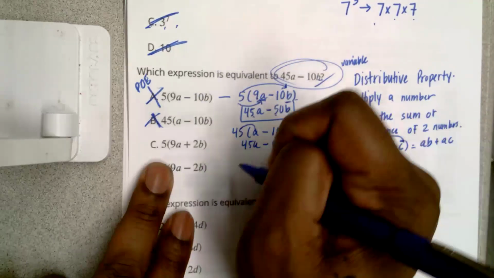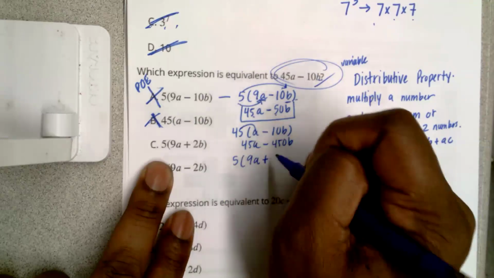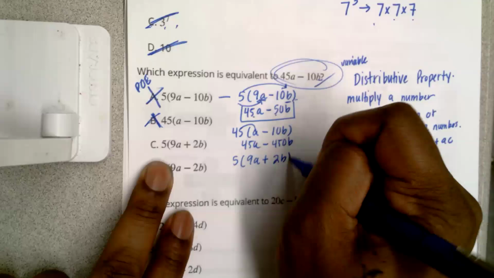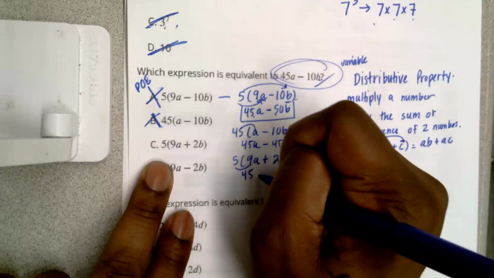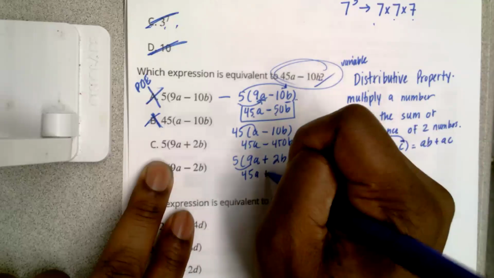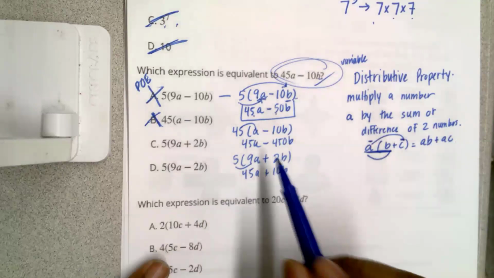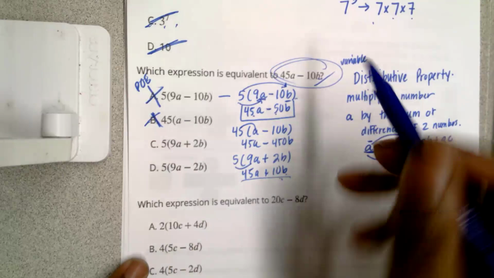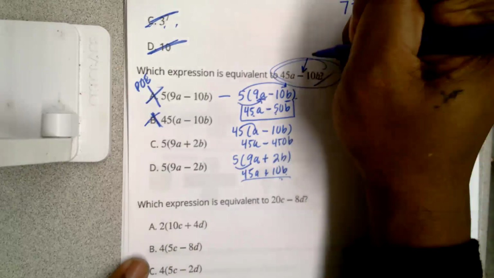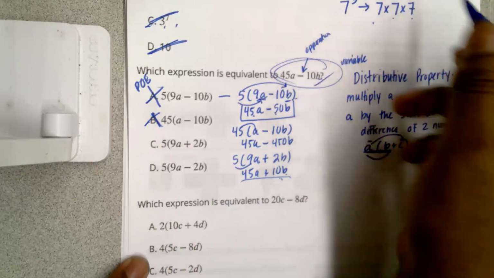No. Let's look at another one. 5 is being distributed to 9A, the sum of 9A and 2B. 5 times 9 is 45. Don't forget your variable. Plus 5 times 2 is 10. Don't forget your variable. Is it 45A plus 10B? Well, not necessarily because of the operation. It's subtraction, so we need to find the difference.